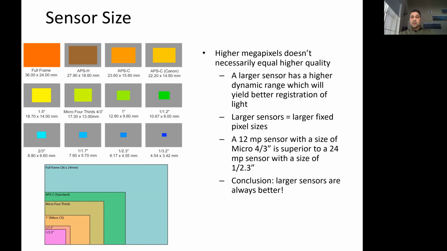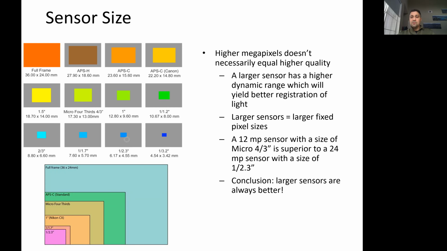Let's see, a 12 megapixel sensor with the size of 4/3 of an inch is superior. I'm reading this as we're looking at this. It is superior to a 24 megapixel sensor with a size of 1/2.3 inches. What does that mean? Look at these examples here. Look at how much larger the surface area is on the 4/3 sensor versus the 1/2.3.